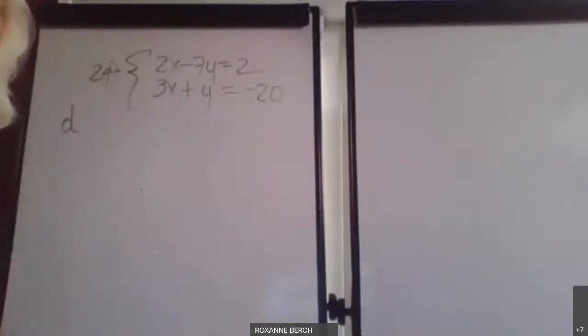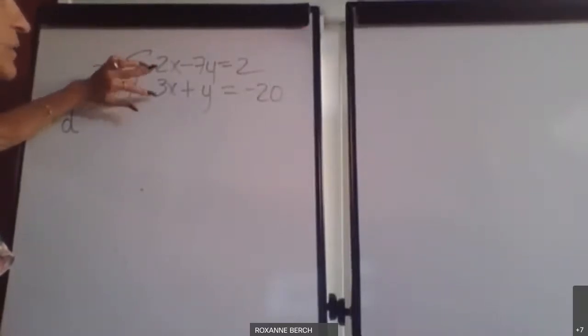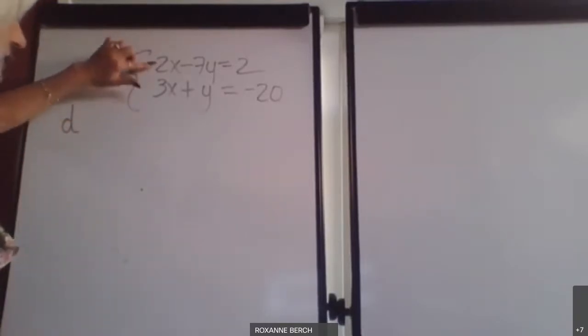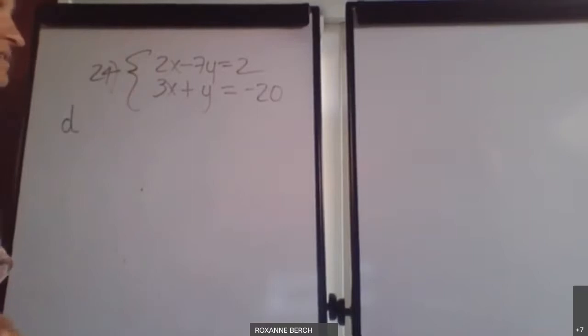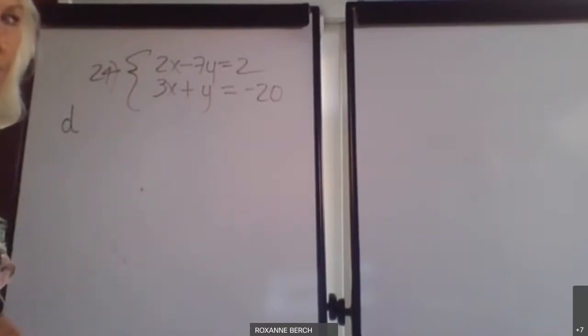If you try to get rid of the x, you would have to multiply this one by a negative 3 and this one by a positive 2 to get true opposites, like a negative 6 and a positive 6. So the x's are actually going to cause more work.